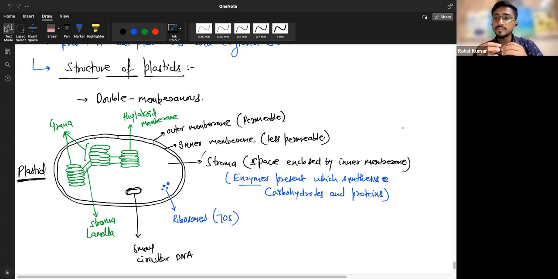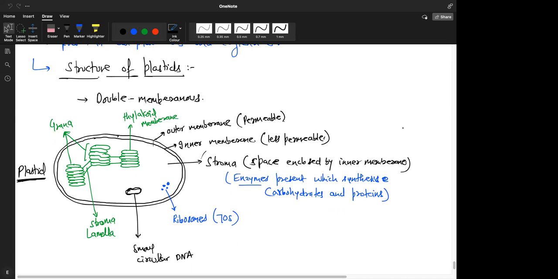But the dark reaction, once you have energy in the cell in the form of chemical energy, you no longer need to stick to the thylakoid membrane. The other reactions can happen anywhere in the stroma. So stroma is just like the cell's cytoplasm, the fluid of the plastid. The space covered by the inner membrane, whatever is inside, is called stroma. Is it clear, Iram?